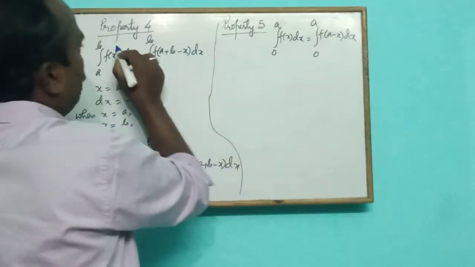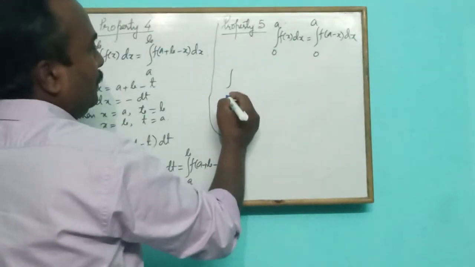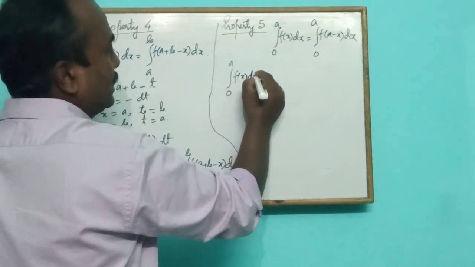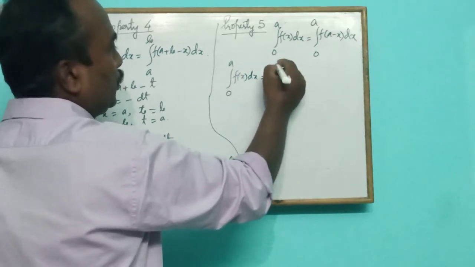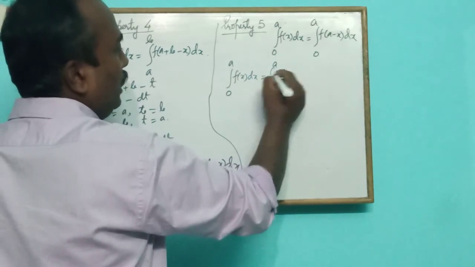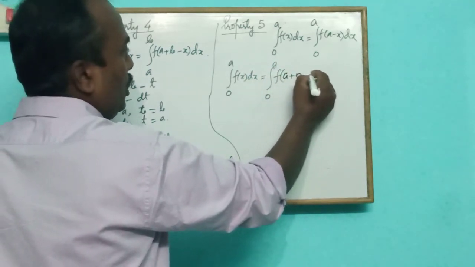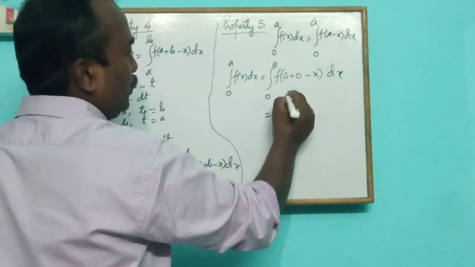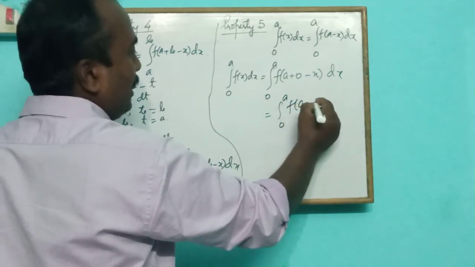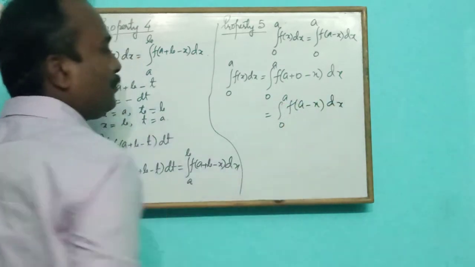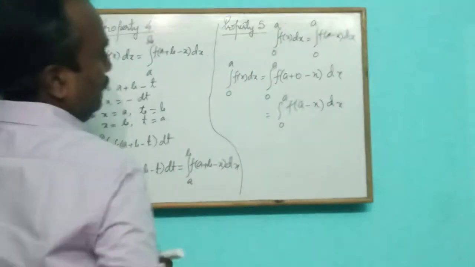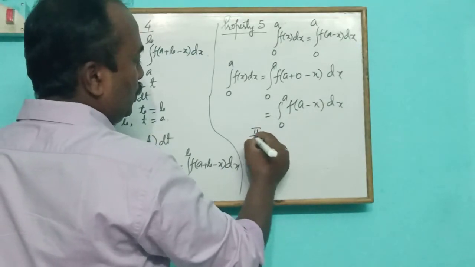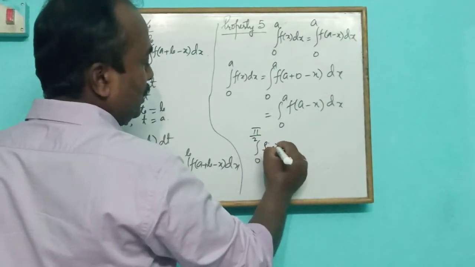That means according to property number 4, we can write 0 to a f x dx as 0 to a f of a plus 0 minus x dx, and that is equivalent to 0 to a f of a minus x dx. Let us take an example. If we have 0 to pi by 2 sin x dx.